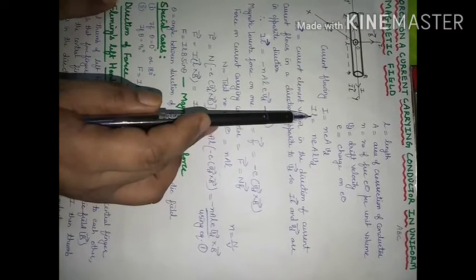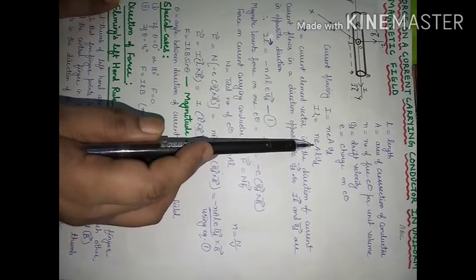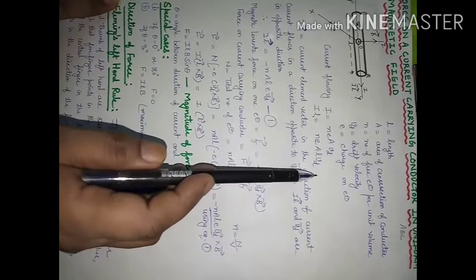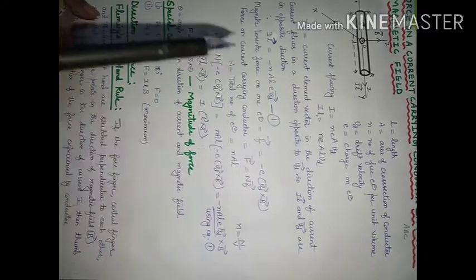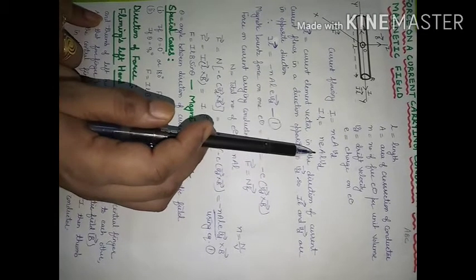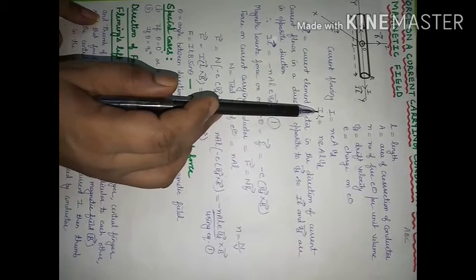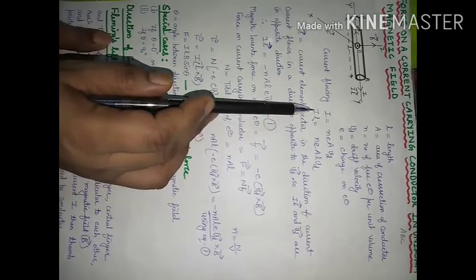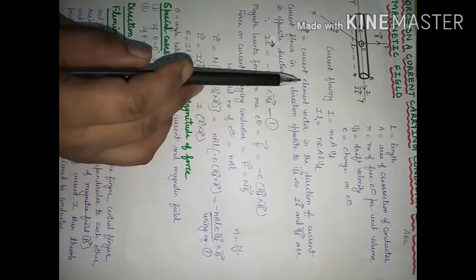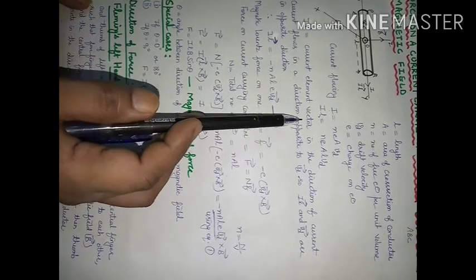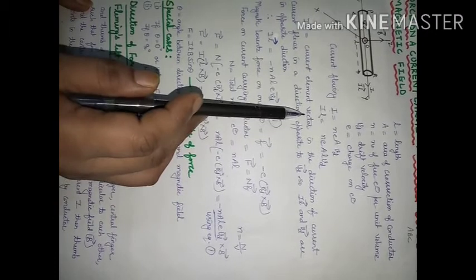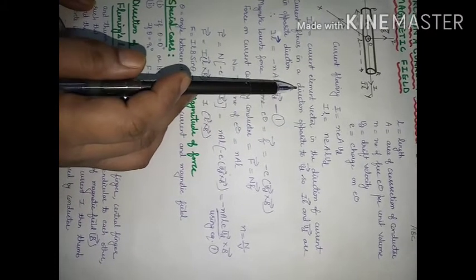Multiply both sides by L. It will be IL, that is equal to nAeLVd. Now I want to write this in vector form, velocity also and this IL also. So this IL with vector will become the current element vector, whose direction will be the same as the direction of flow of current.